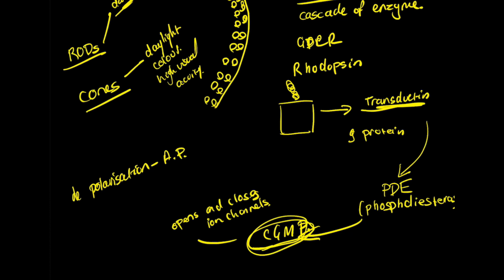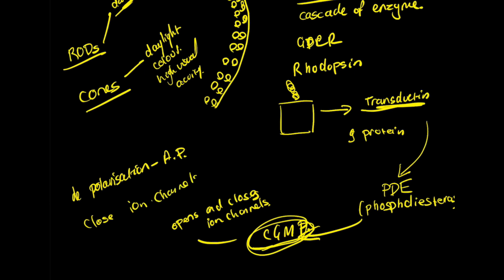Then in light, light activates a breakdown of the cGMP, which causes a closing of the ion channels.